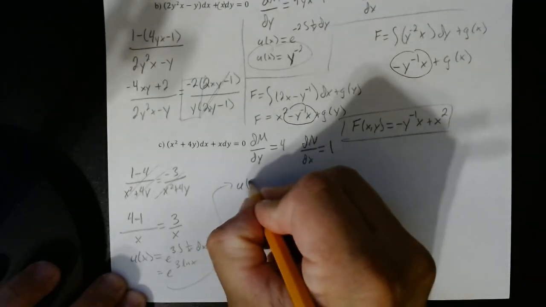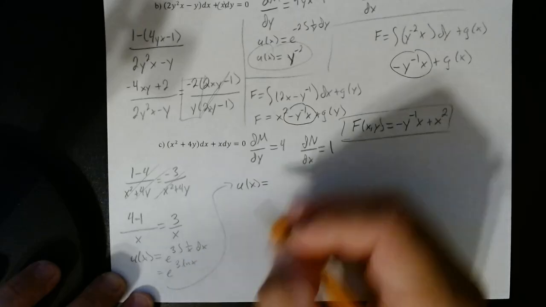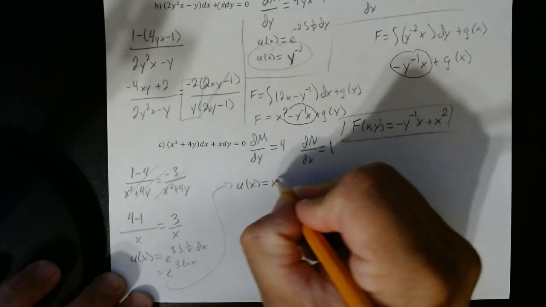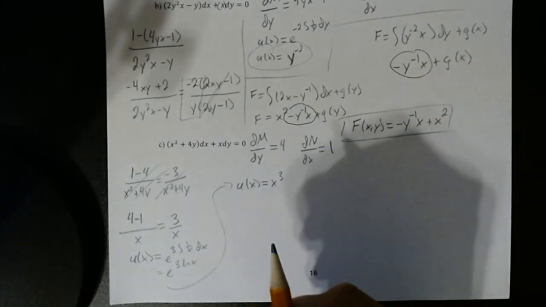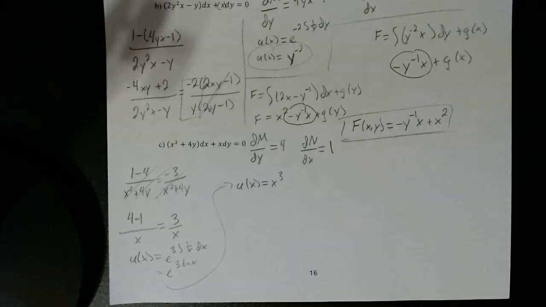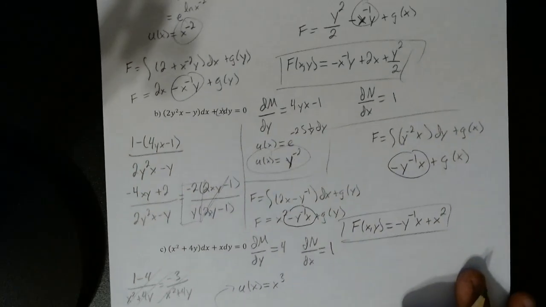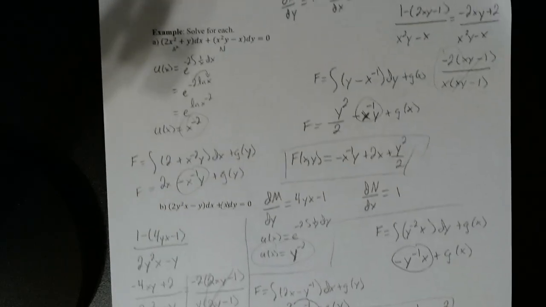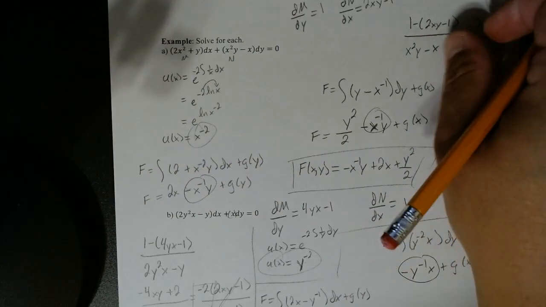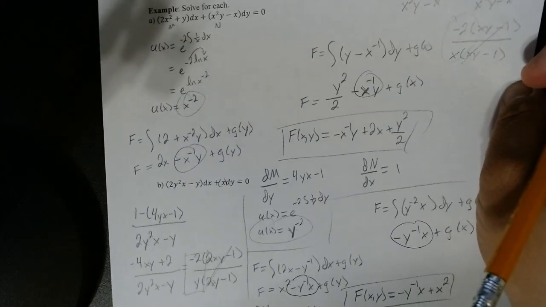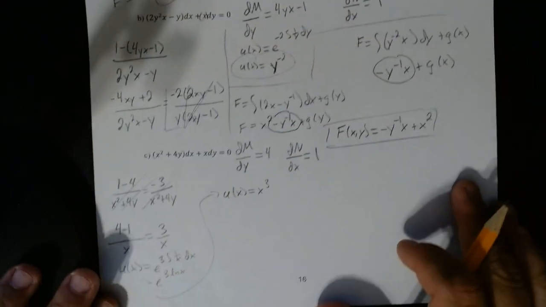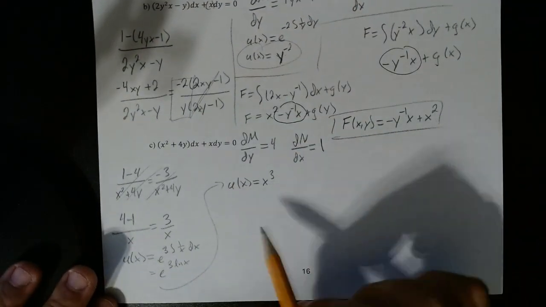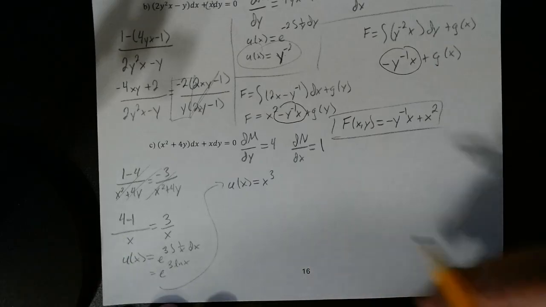So u of x is just going to be x to the third. Nice thing is, finding the integrating factor u is about the same process. If the e's don't cancel, usually something's off. Most of the time, there's going to be a lot of natural logs that cancel things out, and you just get a function that's kind of nice to multiply by.